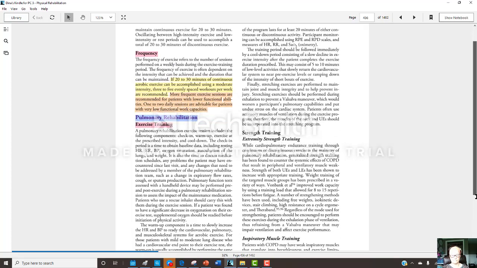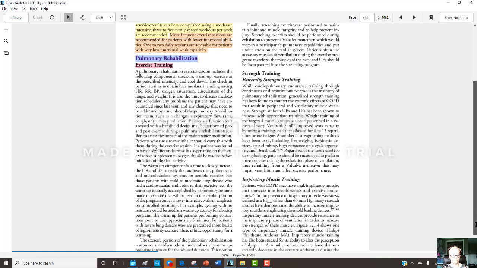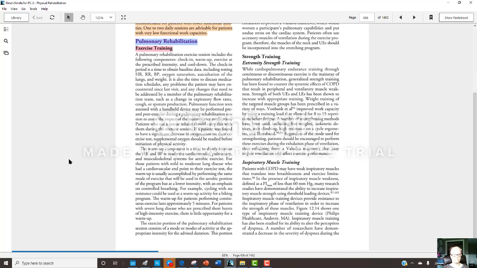It is also the time to discuss medication schedules, any problems the patient may have encountered since last visit, and any changes that need to be addressed by a member of the pulmonary rehabilitation team, such as a change in expiratory flow rates, cough, or sputum production. Pulmonary function tests assessed with a handheld device may be performed pre- and post-exercise during a pulmonary rehabilitation session to assess the impact of the maintenance medication.